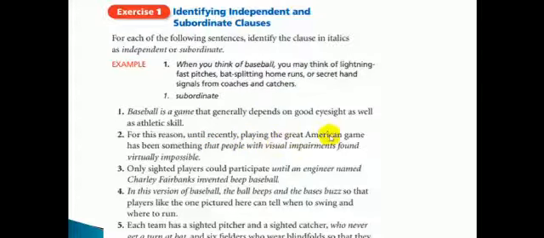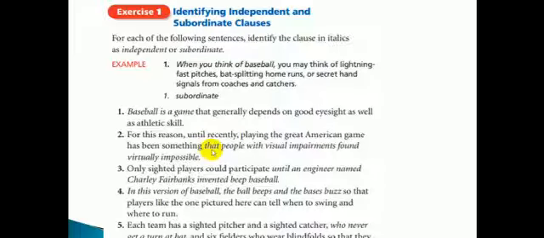Playing the great American game has been something. Does it make a full meaning? Yes, it does. So, playing the great American game has been something is an independent clause. That people with visual impairment found virtually impossible is a dependent or subordinate clause. Why?